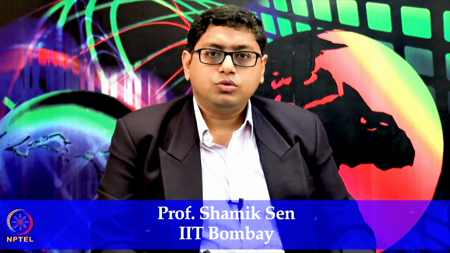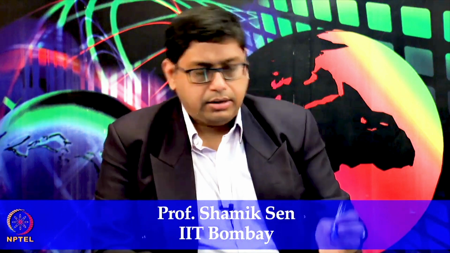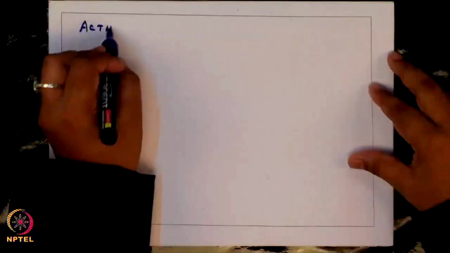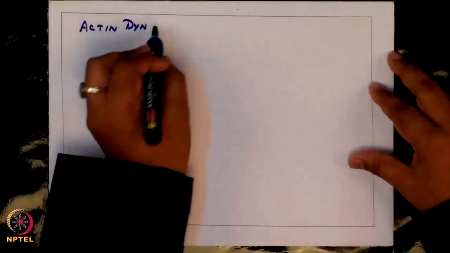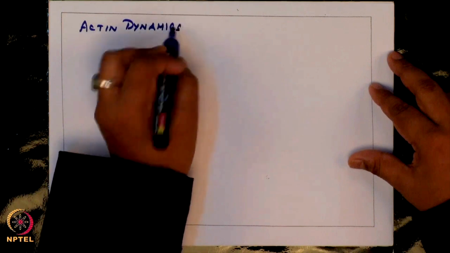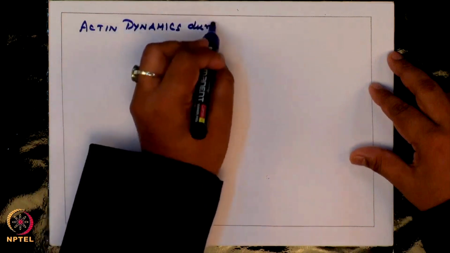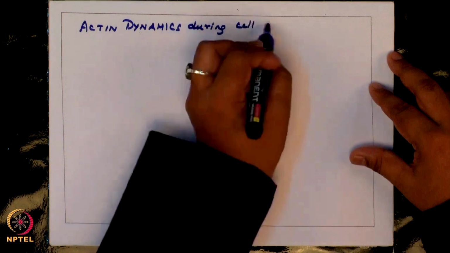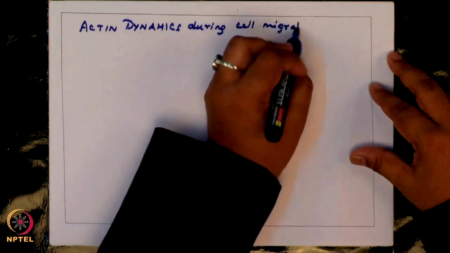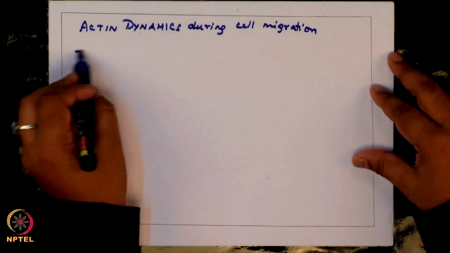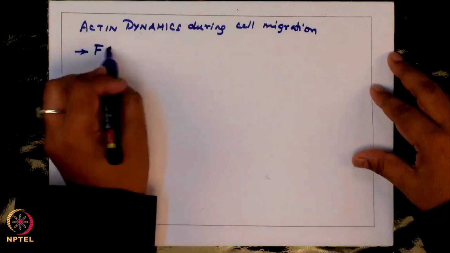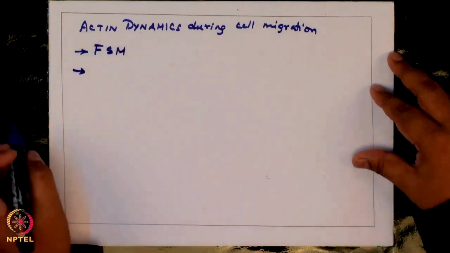Hello and welcome to our lecture on Introduction to Mechanobiology. Over the last 2-3 lectures we have been discussing actin dynamics in migration. I have introduced you to the technique of fluorescent speckle microscopy for tracking dynamics.